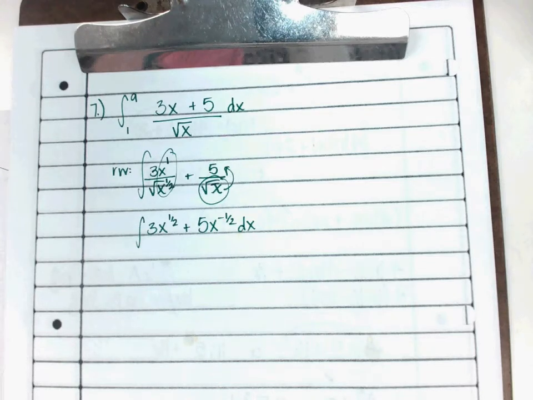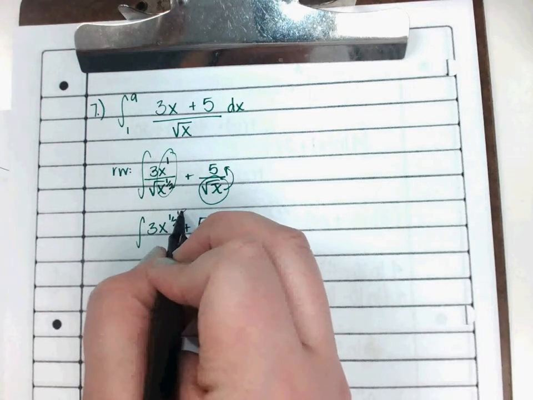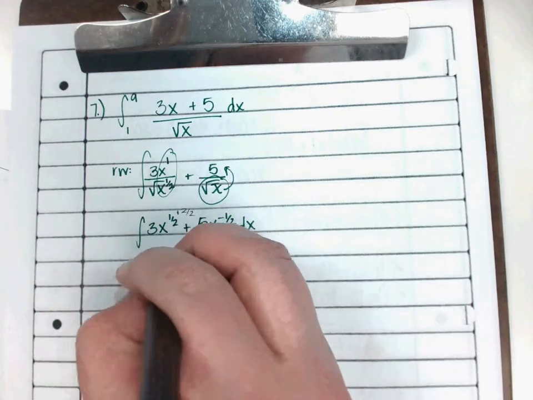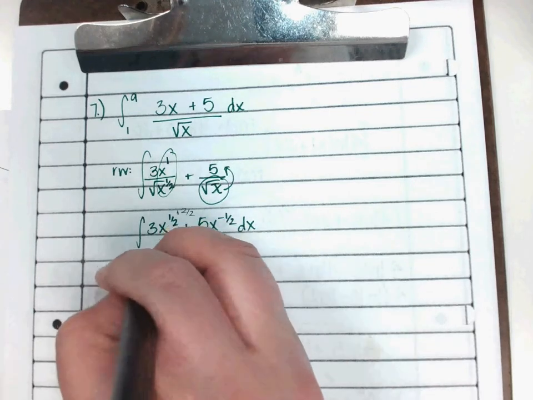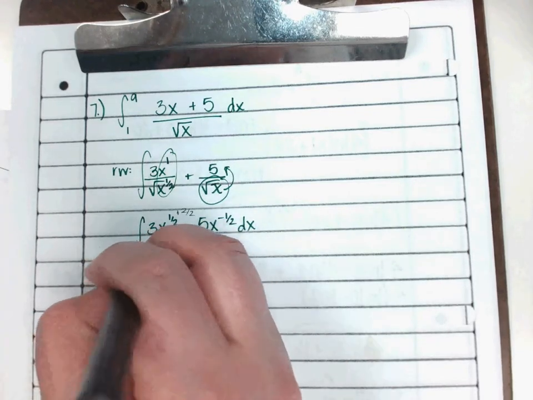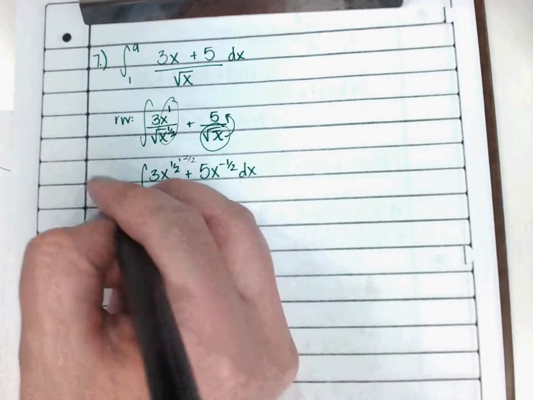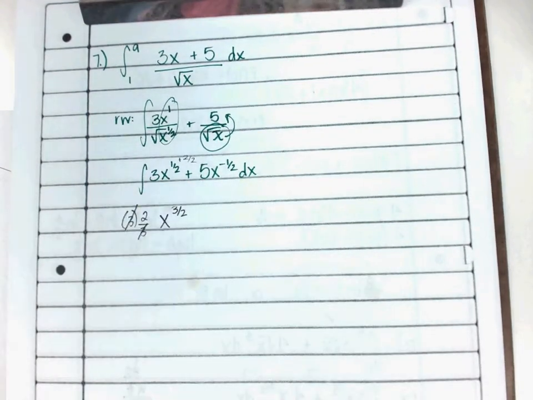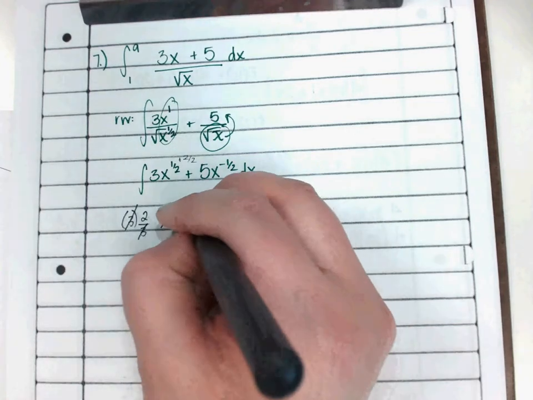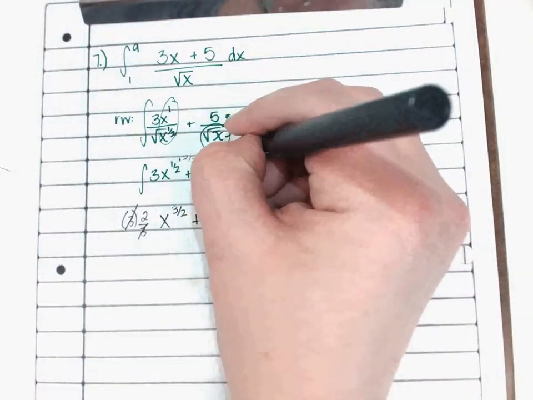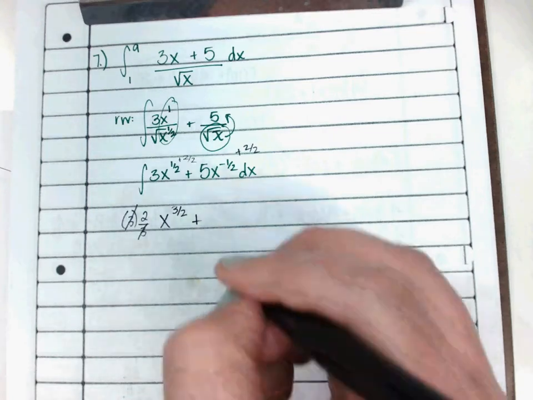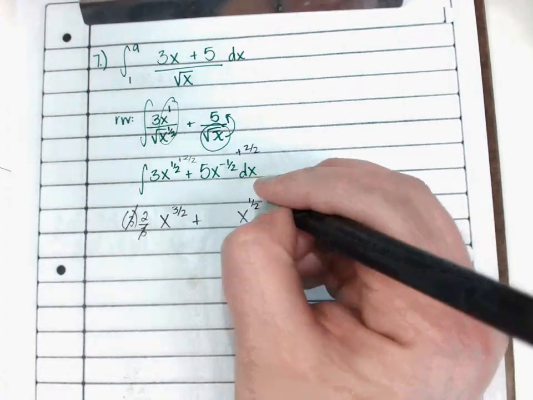Okay, add 1 to a half. What do you get when you add 2 out of 2 to 1 over 2? Okay, so that's x to the 3 over 2. Then I have to put a 2/3 here, but there was already a 3. So, just a 2. Plus, next one. What's negative a half plus 2 out of 2? Positive a half. Then I have to divide by half.